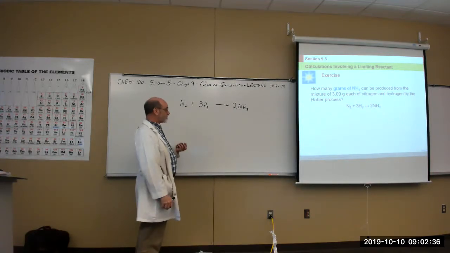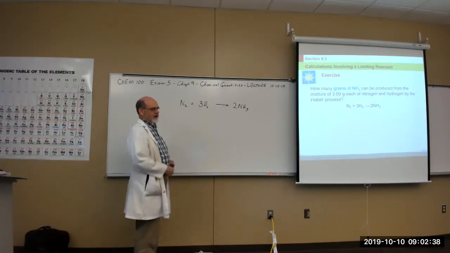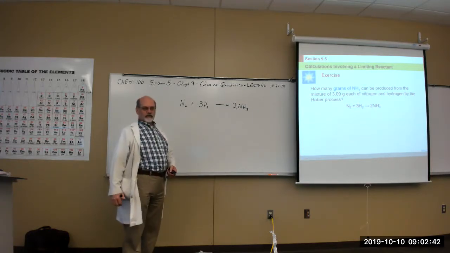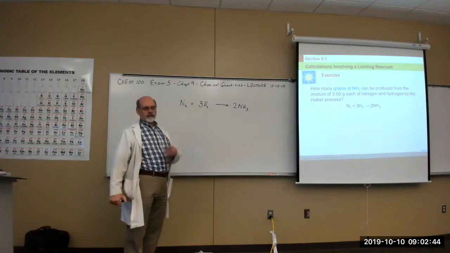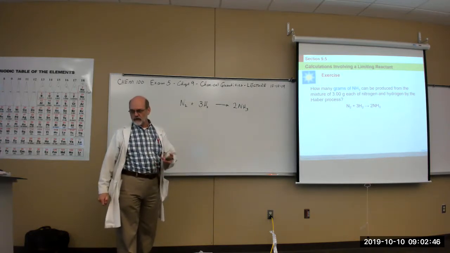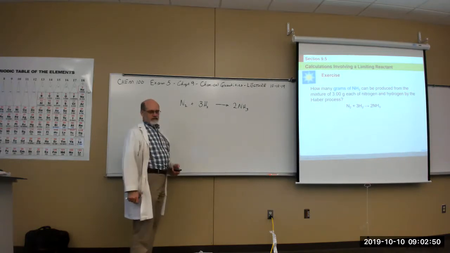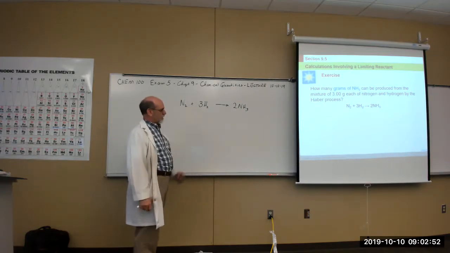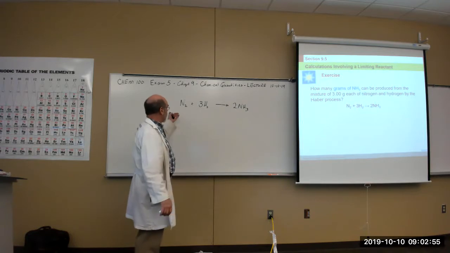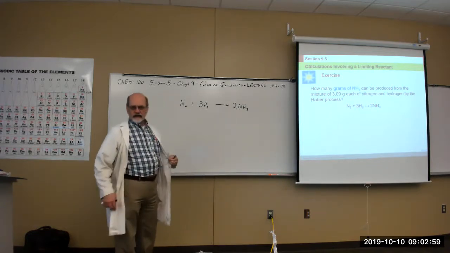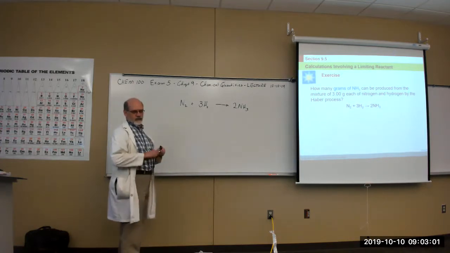So Haber set about to figure out, how can I produce ammonia cheaply? Because if you got ammonia, you can produce nitrates, and nitrates are what go into explosives. All you have to do is oxidize the ammonia, and you can make nitrates. So he figured this one out, and then Bosch came along and refined it and made it better. So that's why we use both names.